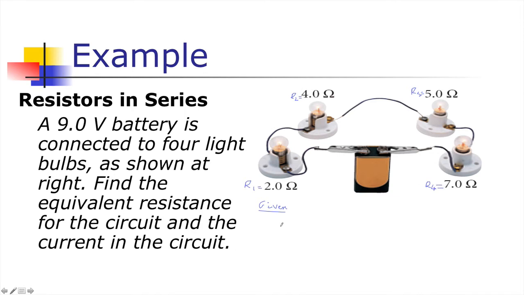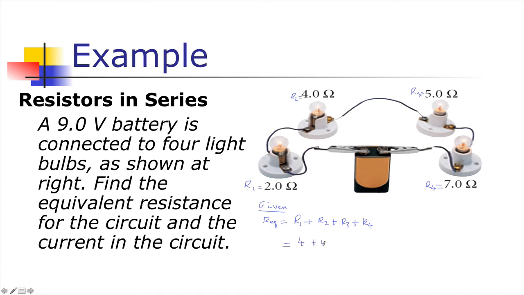So the equivalent resistance you can find, we already showed in the previous slides. The type of connection that you have here is a series connection. So therefore the equivalent is the sum of the individuals. Okay, so resistance 1 is 4.